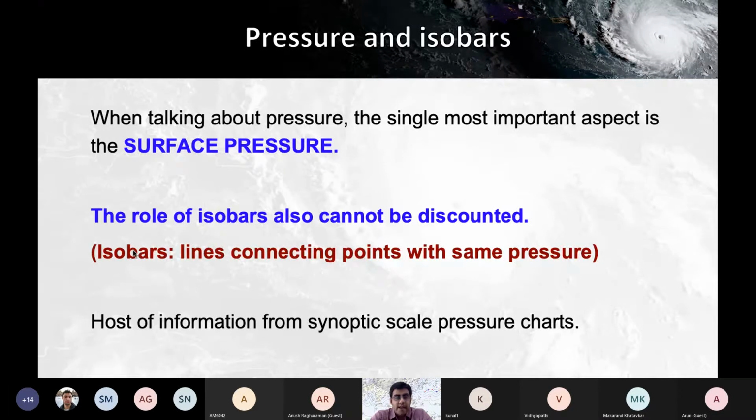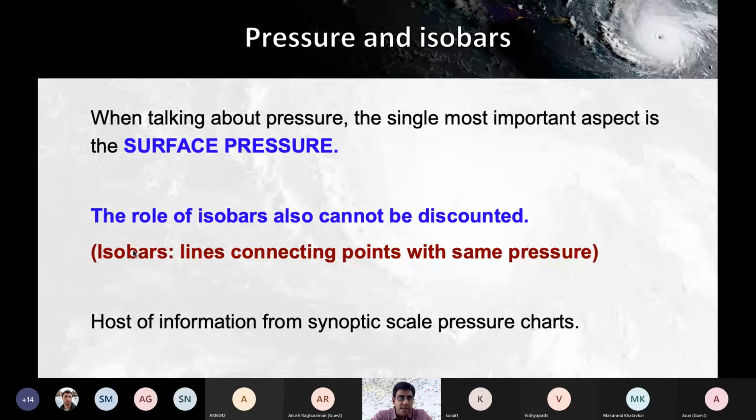And when I say surface pressure, let's take the chart that I have shown in my background. That is a typical surface pressure chart. It tells a host of information, because of those lines that are connecting, you see these undulating lines which are moving up and down. Those lines are called isobars. Isobars are the lines which connect the points with the same pressure.